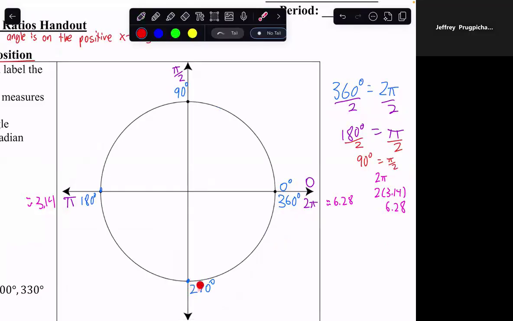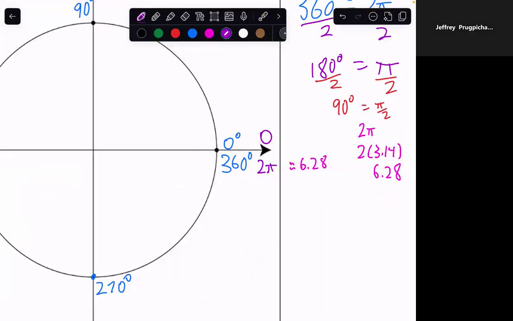Okay, so now what about 270 degrees? Here it's not so easy. You can't really divide 360 degrees easily to get to 270 degrees. But it's not just dividing. You can also multiply both sides of an equation. So let me build off the 90 degrees equals pi over 2.